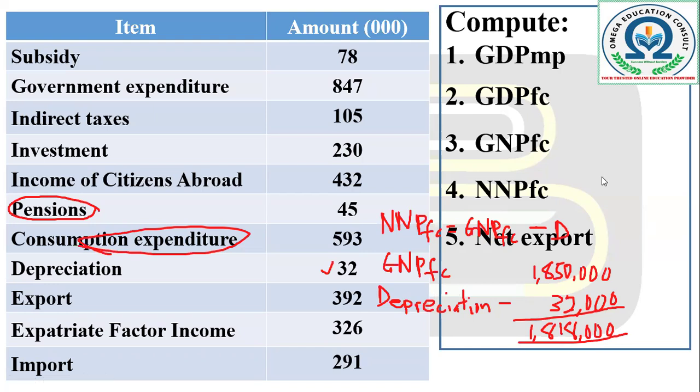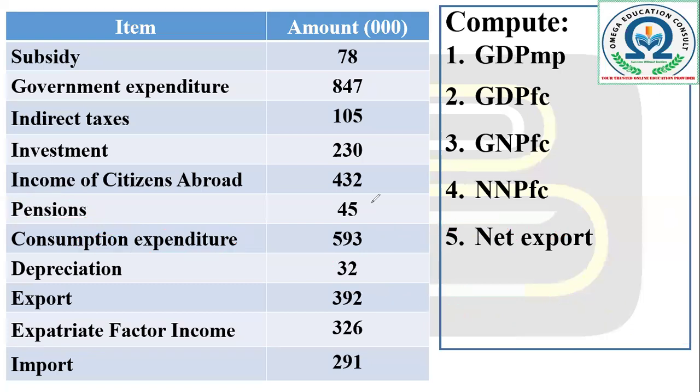Net export. Okay. Now, net export simply refers to the difference between export and import. So the formula for net export is simply export minus import. And that is found in the formula for the GDP at market price.